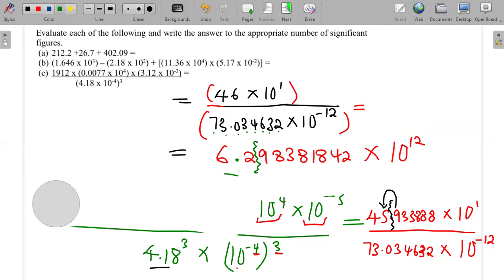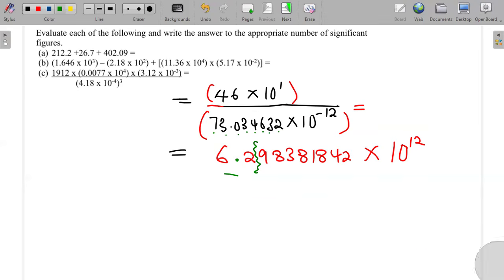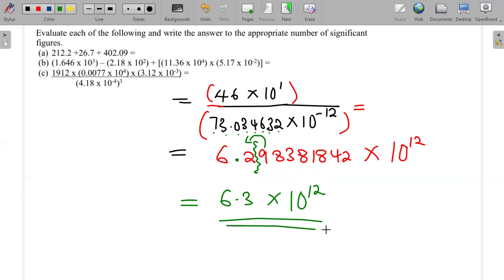So my final answer, if I round off this 9 to the 2, will just be 6.3 times 10 to the power 12. So that is the answer there, correct to the required number of significant figures. Okay, so we are done with this question here.